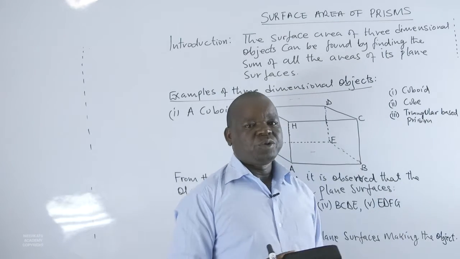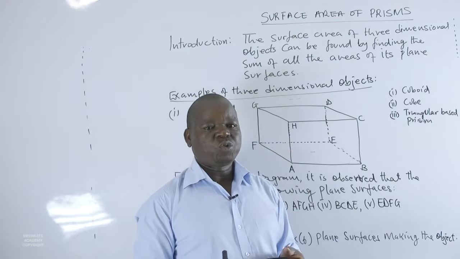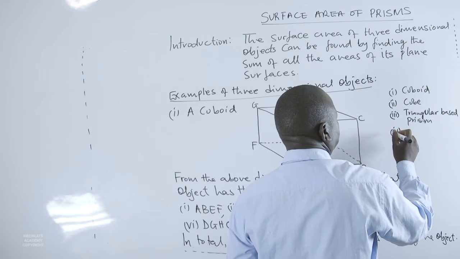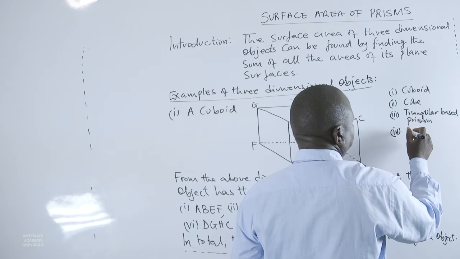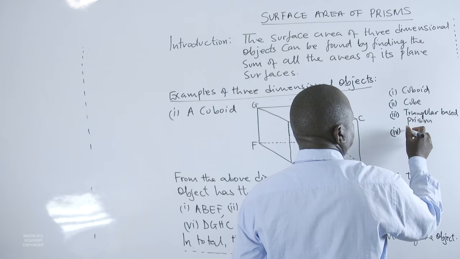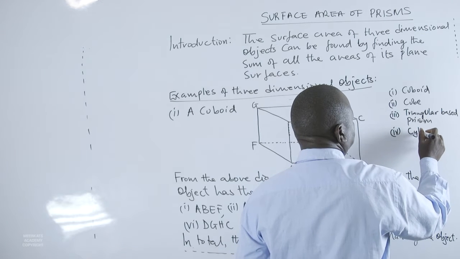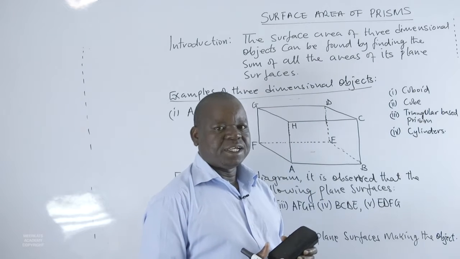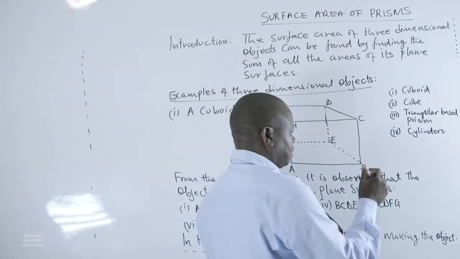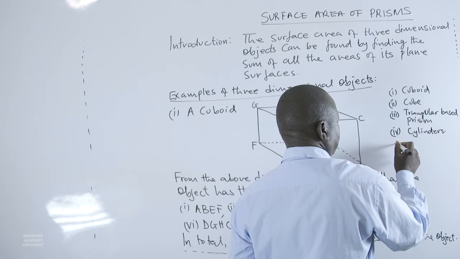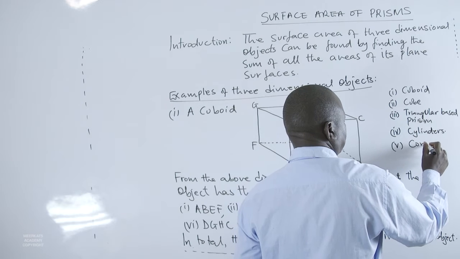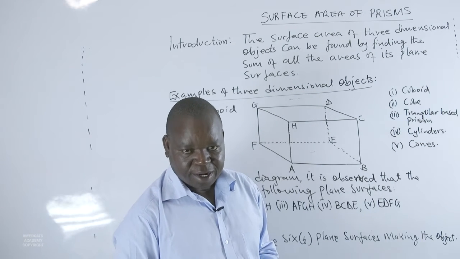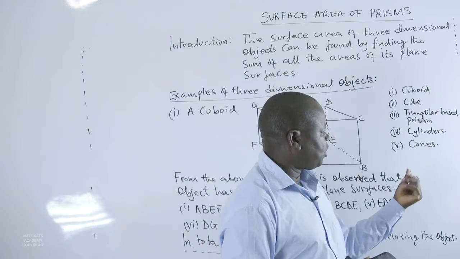Triangular base prism, we are going to look at this. They are also known as wedges. Cylinders are prisms. Cones are prisms. And many more that we are going to define.